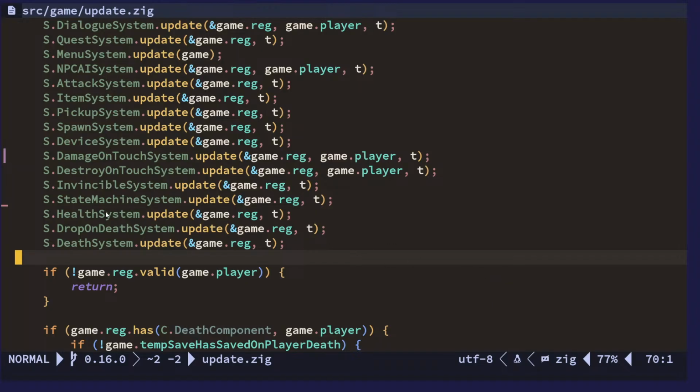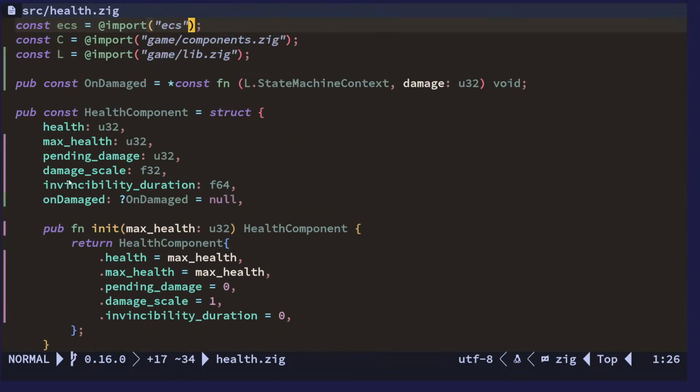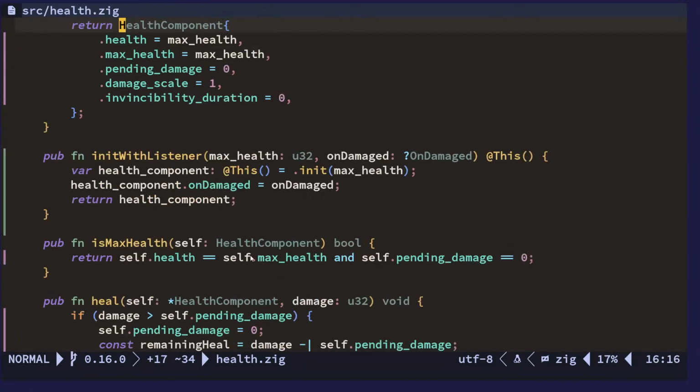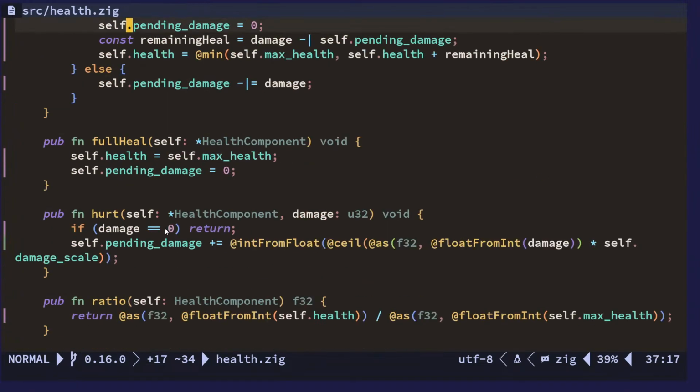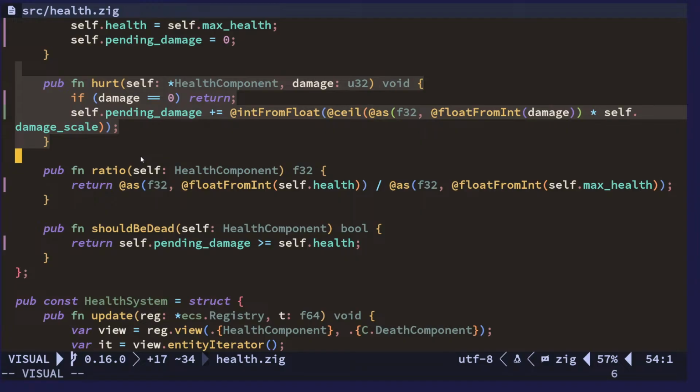So essentially here is like, if we already have pending damage, we should probably not get more hurt.